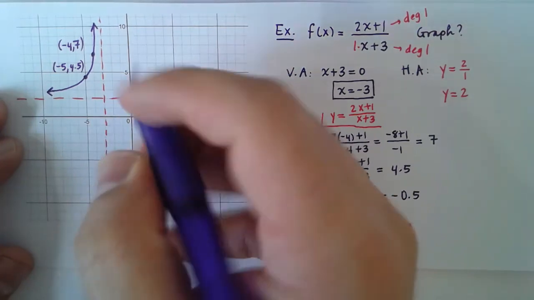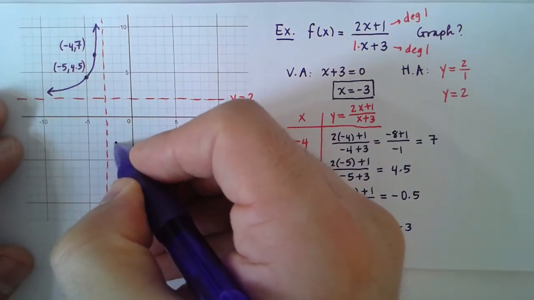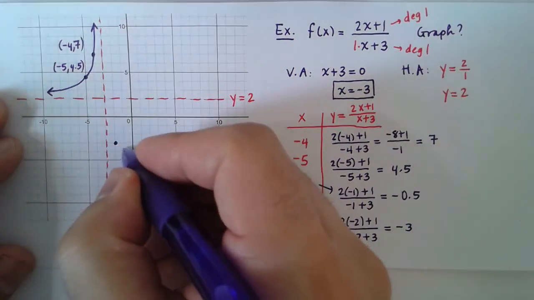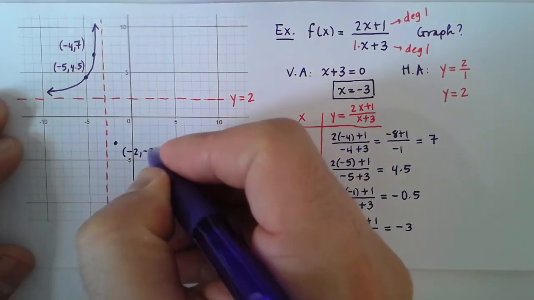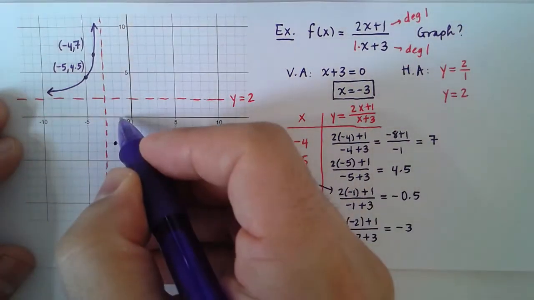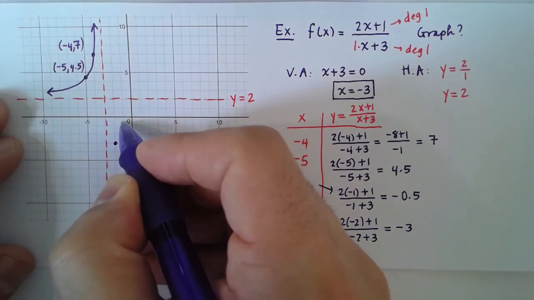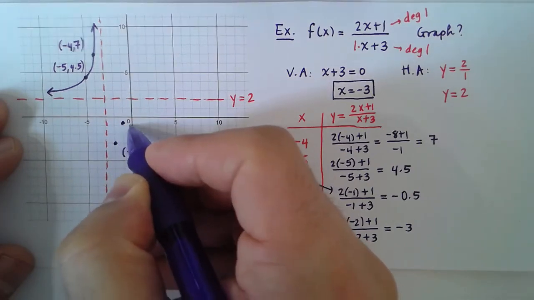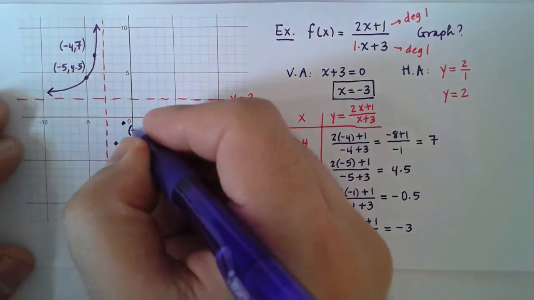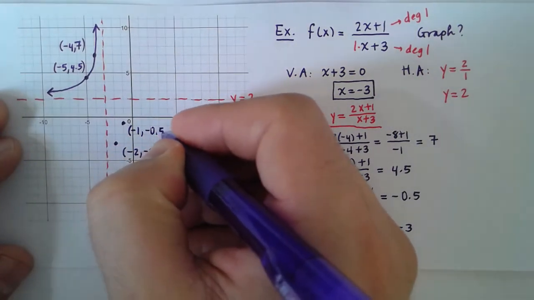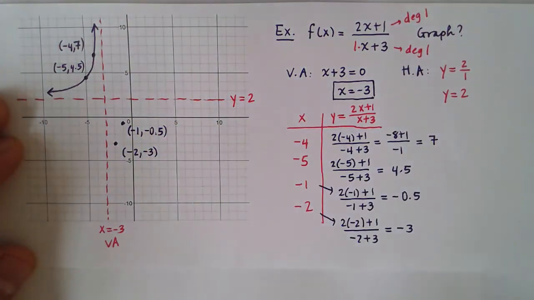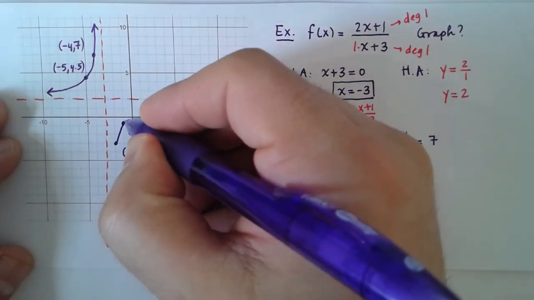Here we go, negative 2 comma negative 3. And at negative 1, the value is negative 0.5, so it's negative 1 comma negative 0.5. And if you join these, you will get the graph.